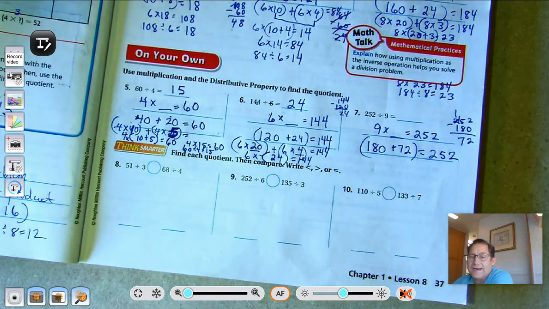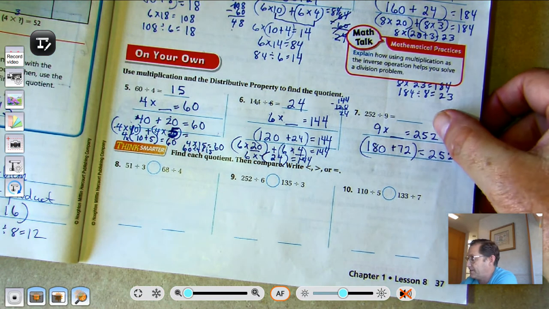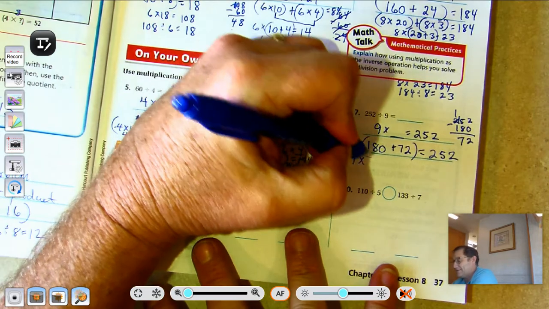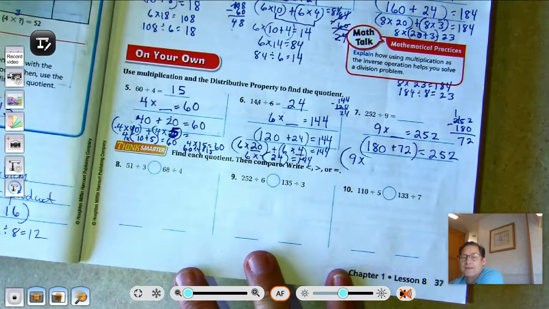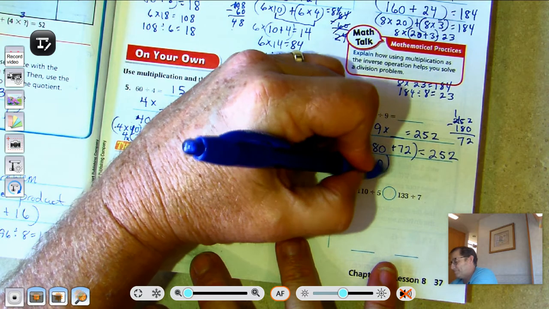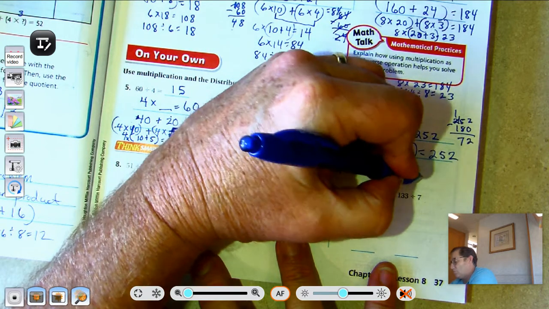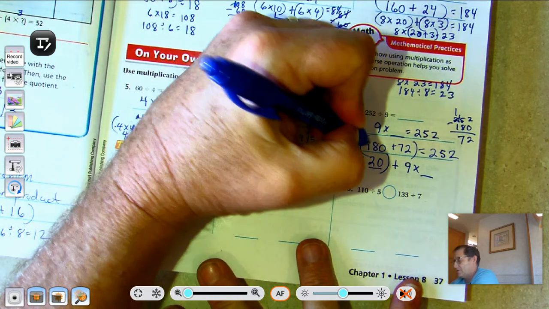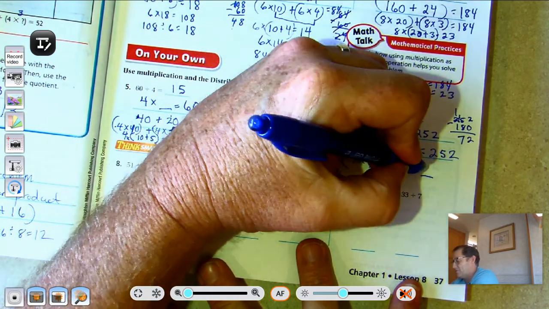All right, so 180 plus 72 is 252. All we did was break up the 252 into two smaller products. So 9 times what is 180? 9 times 20 plus 9 times what is 72? 9 times 20 is 180. 9 times what is 72? 9 times 8.